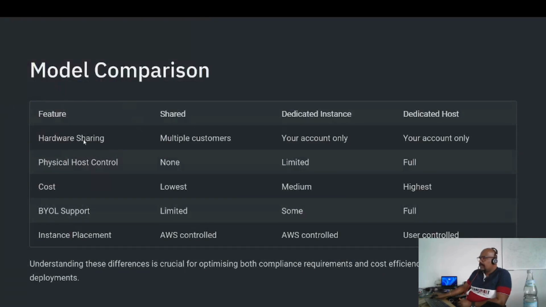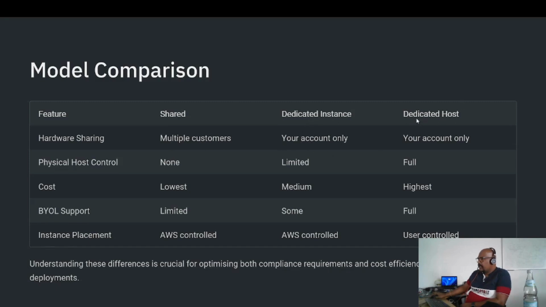These are the simple comparisons between shared, dedicated, and dedicated host. First, hardware sharing: in shared tenancy, the hardware is shared by multiple customers. Dedicated instance is for one account only.